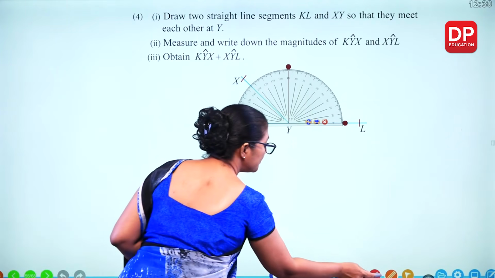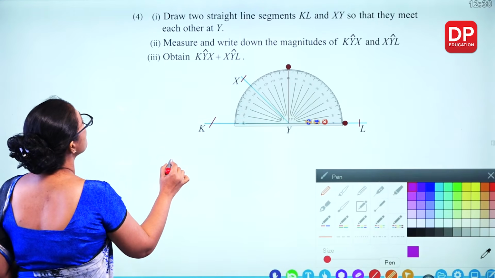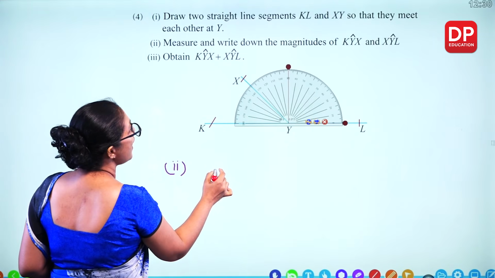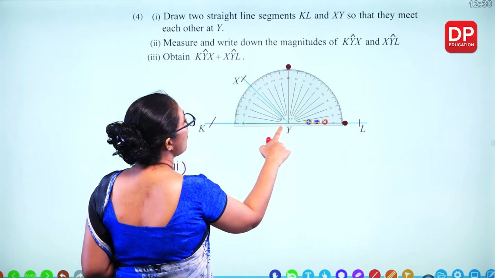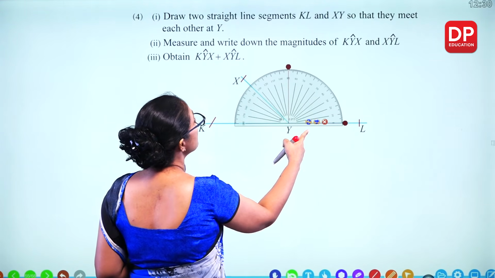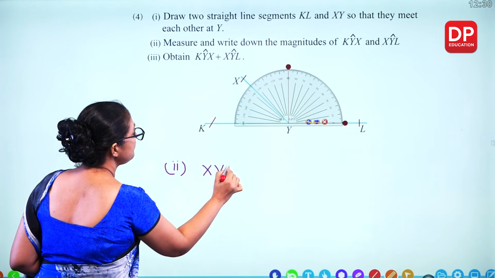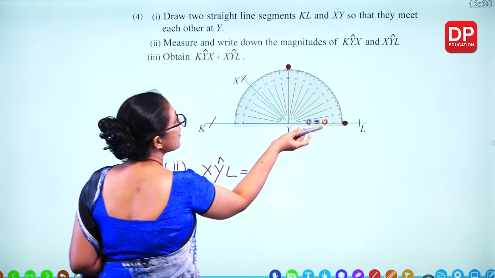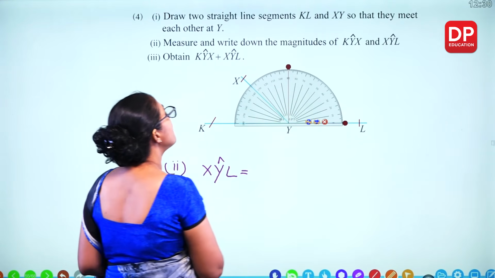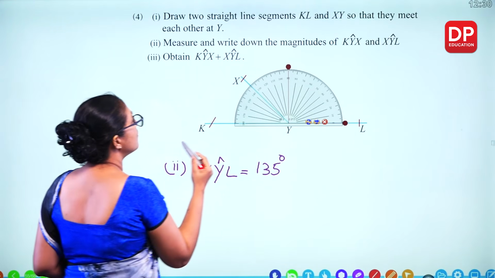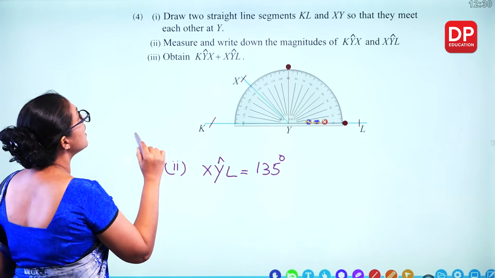So what's the angle? X, Y. I'm measuring this angle, XYL angle first. Here to here, that's 135. So what's the other angle?